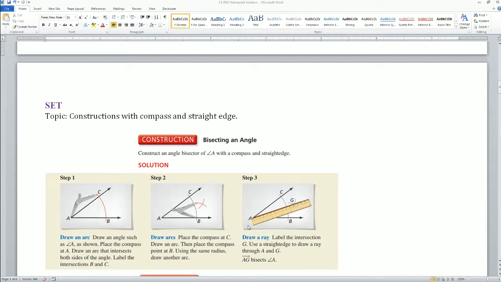Here you could say that the ray AG bisects angle A, creating two equal angles. The two angles that it makes, CAG and GAB, are the two angles that are made from the angle bisector.